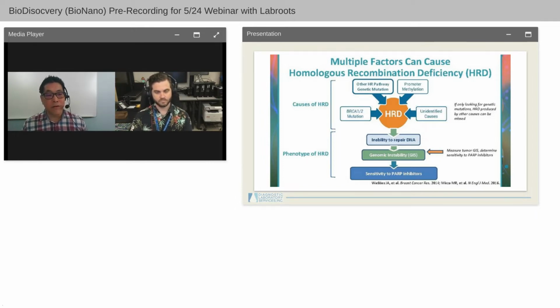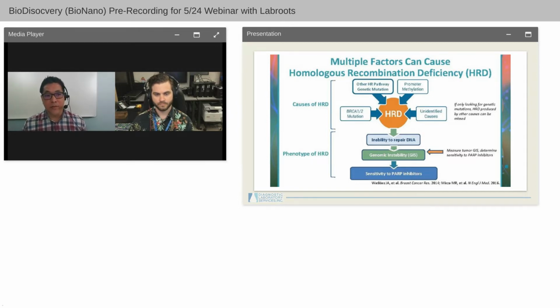But there are other mechanisms that can cause a homologous recombination deficiency that prevents a cell from repairing these types of defects. Some of them are somatic. Some of them are not BRCA1 and 2, but are part of other genes that are involved in this type of repair. BARD1, PALB2, for example, RAD51C.